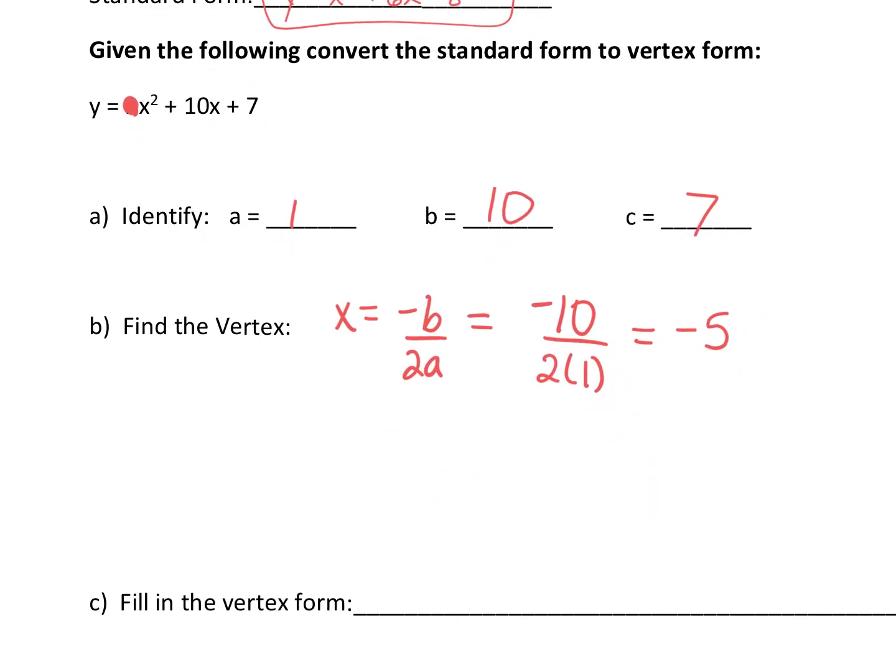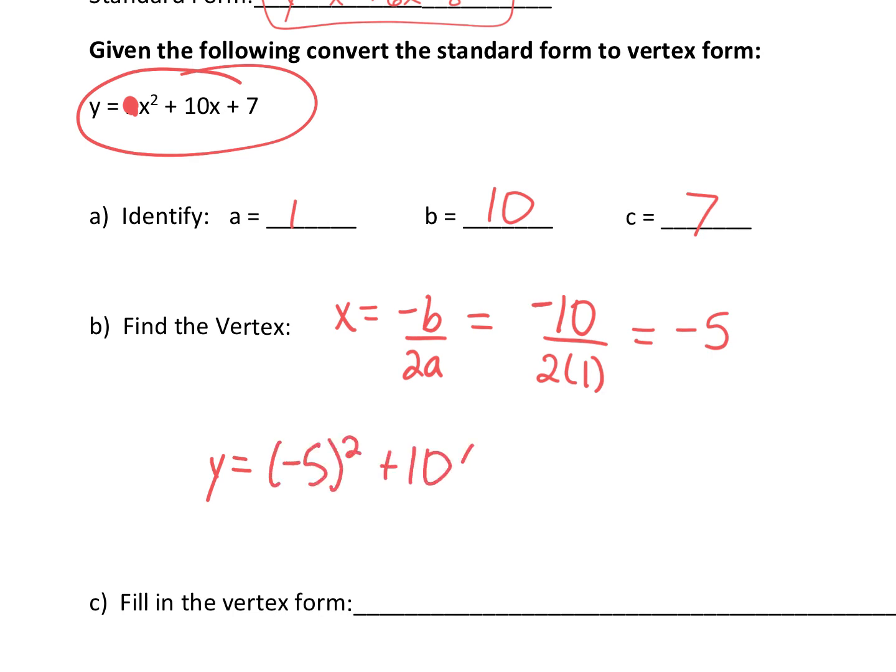Plug it in to this for x. So y is going to equal negative 5 squared plus 10 times negative 5 plus 7. Type that in. Negative 18. So this is negative 5, negative 18.